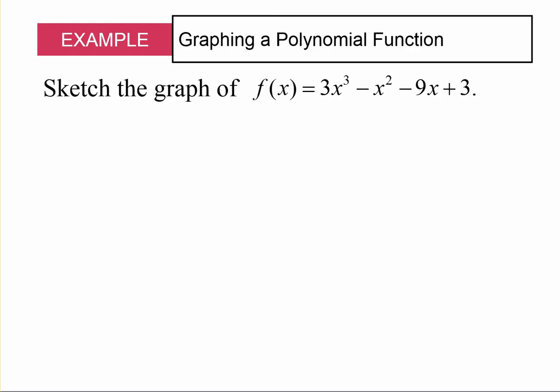See if we can remember this from Tuesday's class. What do you guys say? This is an x cubed polynomial with a positive 3 as our leading coefficient. What do you guys say? Start high, start low, end low, what?